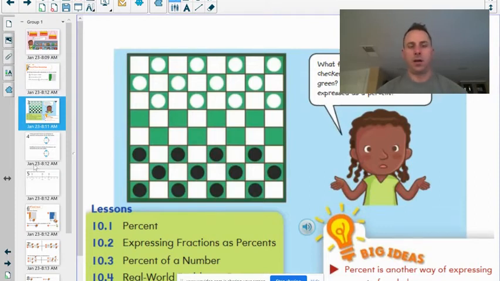All right, back to the checkers. It looks like she bought that checkerboard. What fraction of the checkerboard is shaded green? What fraction? What is this fraction expressed as a percent?